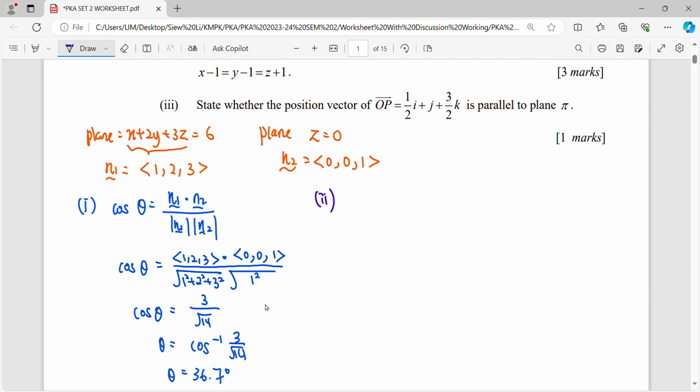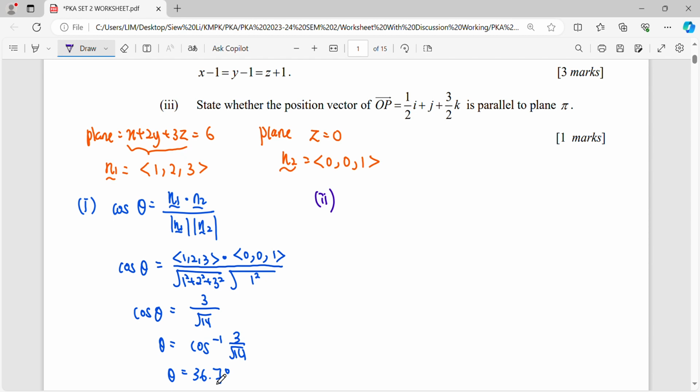No need to minus 180 or anything more, unless your angle is bigger than 180 and the question asks for acute, then we do it for acute. If the question doesn't request anything, the angle that you get from n1 dot n2 over magnitude n1 times magnitude n2 is exactly the angle between two planes.